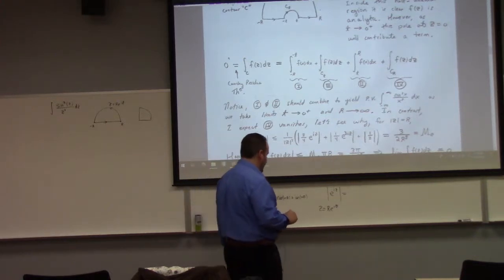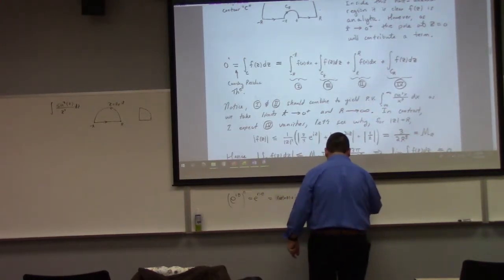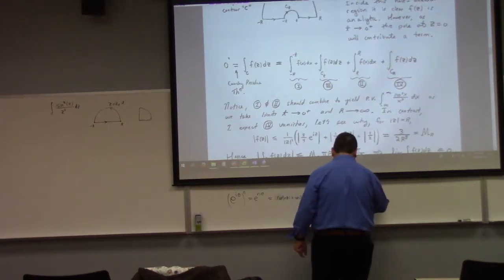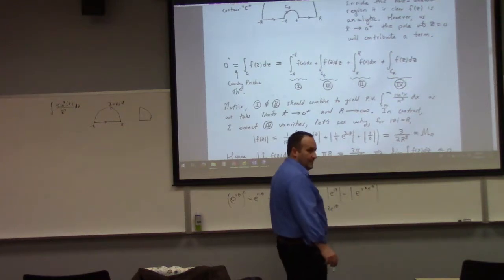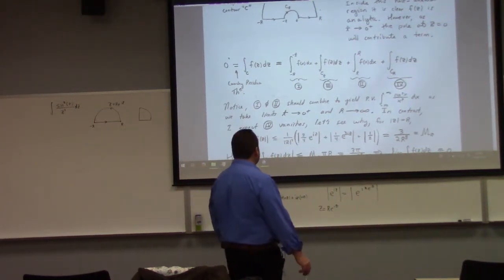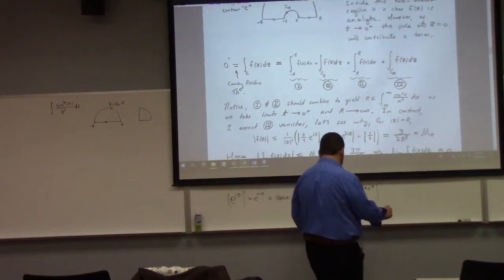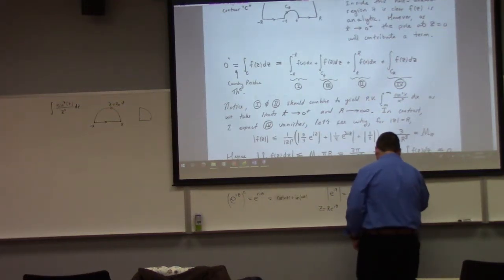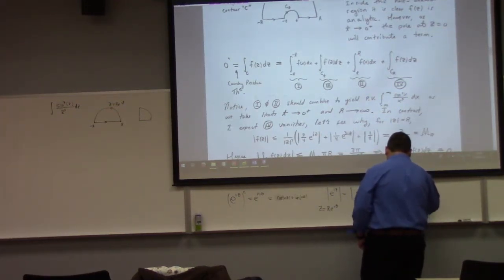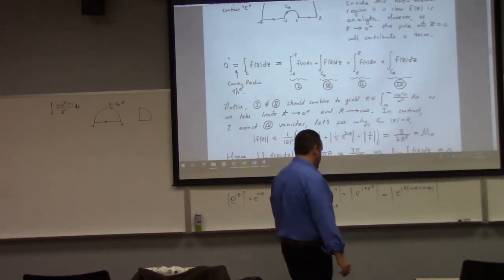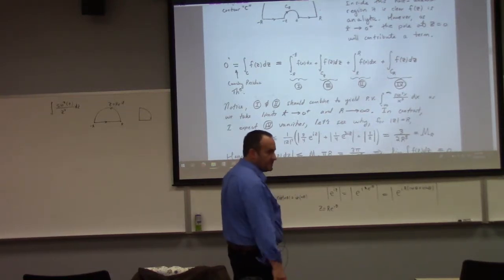And so we're looking at the modulus of e to the i r e to the i theta. How does that work out? Well, that's the modulus of e to the i r times cosine theta plus, maybe it's true, I don't know. I'm just suspicious. And how's that work out?